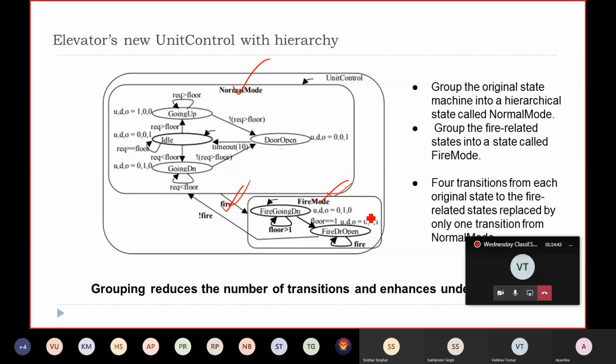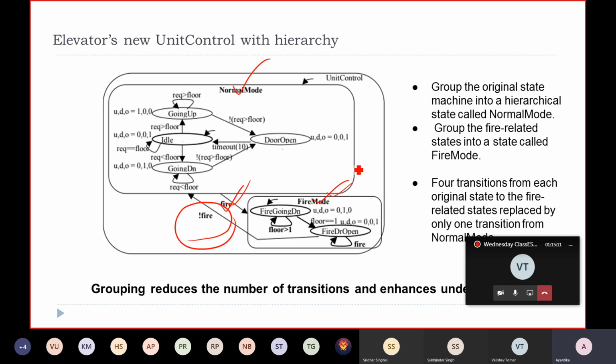And whenever we are going outside this fire mode, if there is no fire, then we will move out of this fire mode and again come to a normal mode. But a basic difference we will discuss between coming out from this normal mode and defining this fire mode is that there will be two types of transitions.